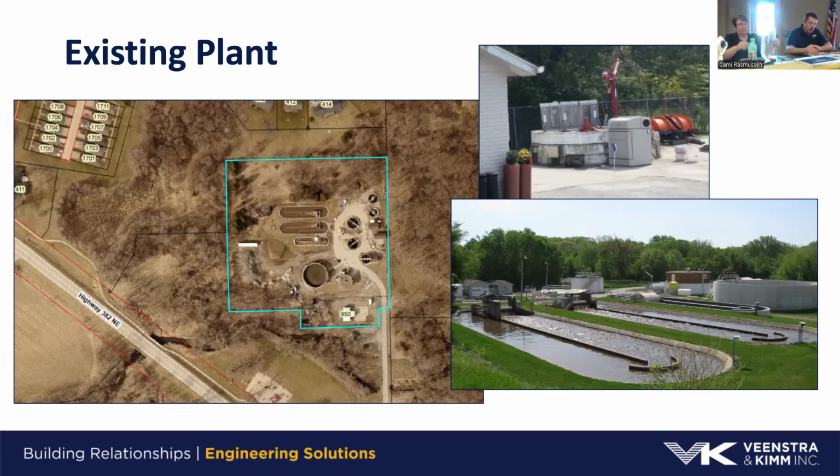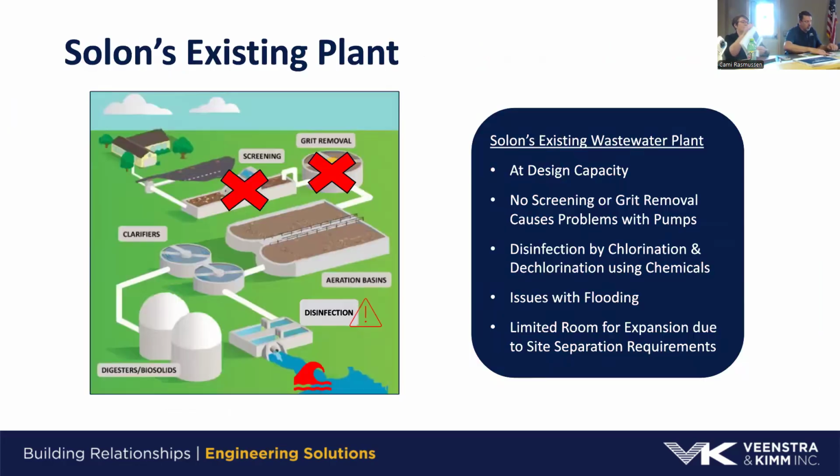If you go to the next page, I took that schematic that I had done of the facility, and I'm noting with big red X's things that Solon's plant doesn't have. So it doesn't have any screening or grit removal.